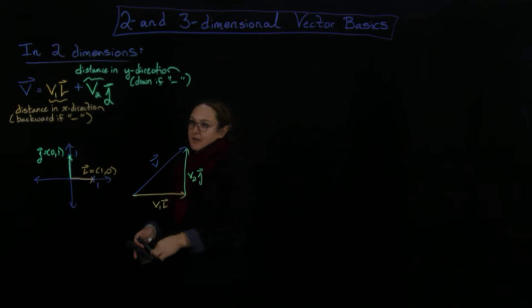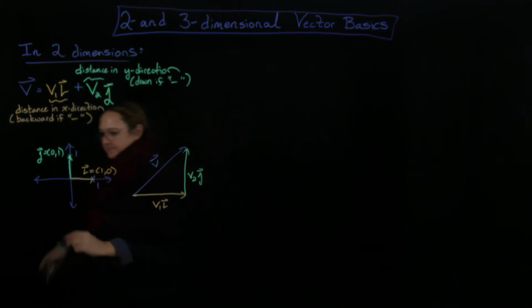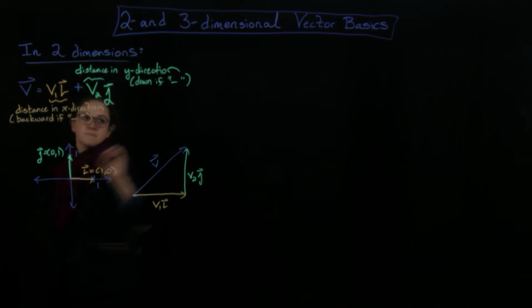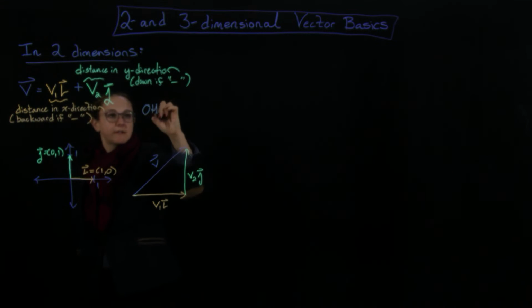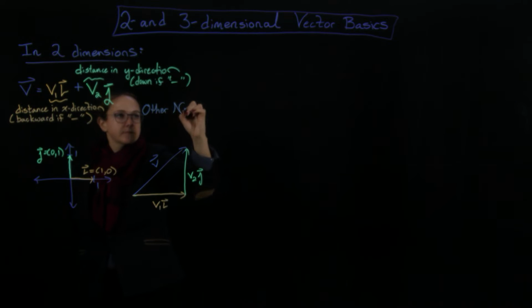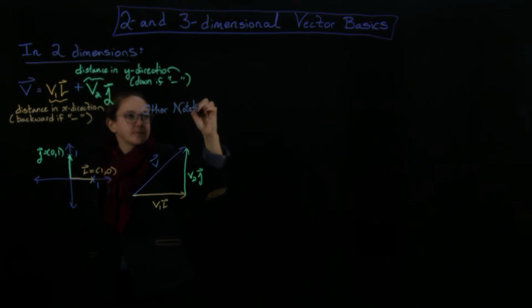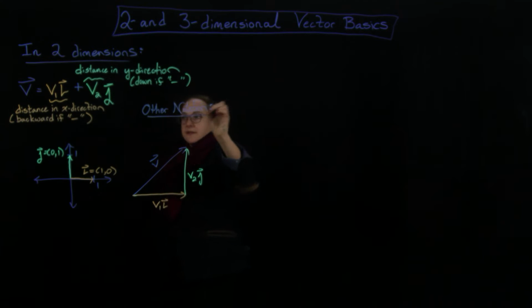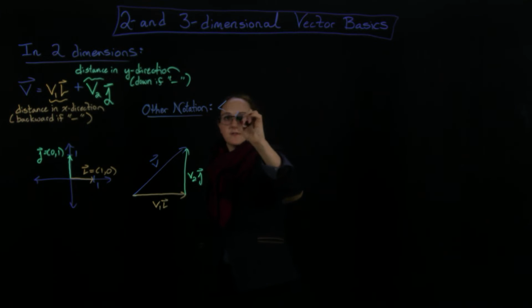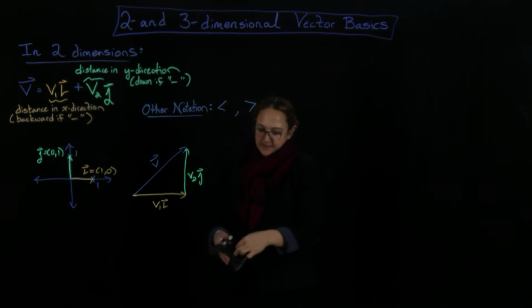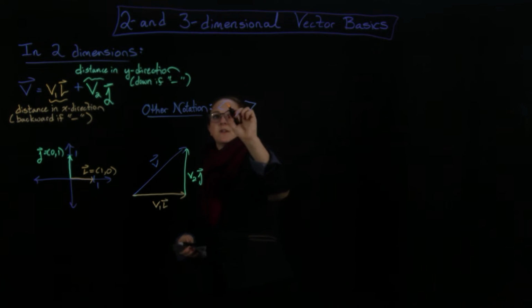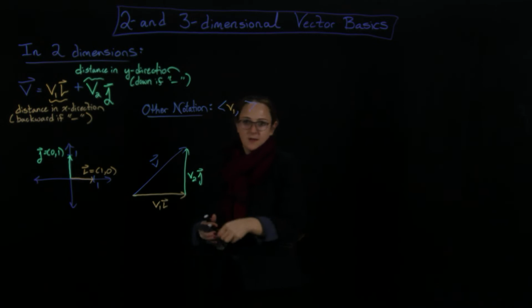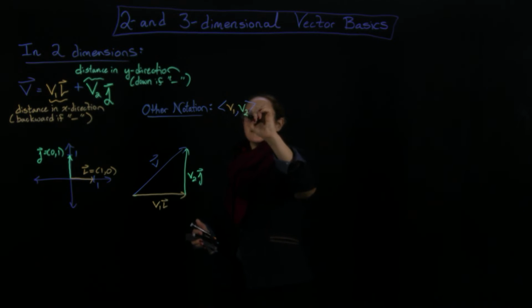Here's some other notation, which is good to know, and is just another way we like to write it. We sometimes like to write our vectors like this, where I put the v1 in here and the v2 in here.